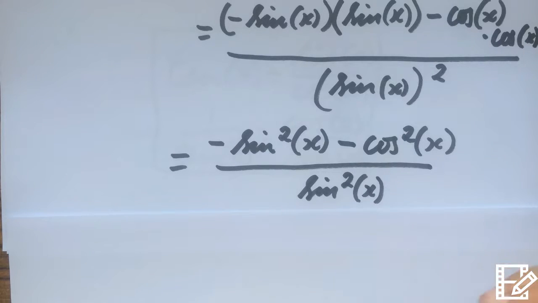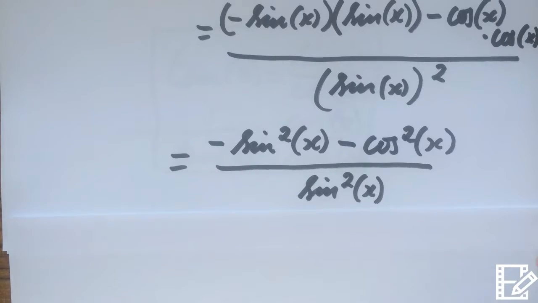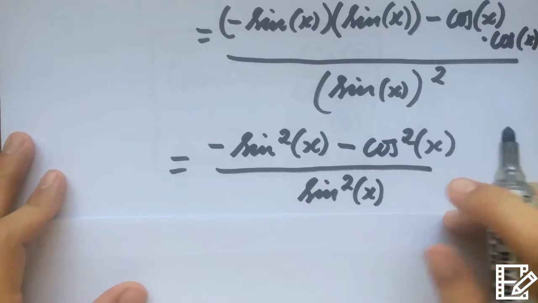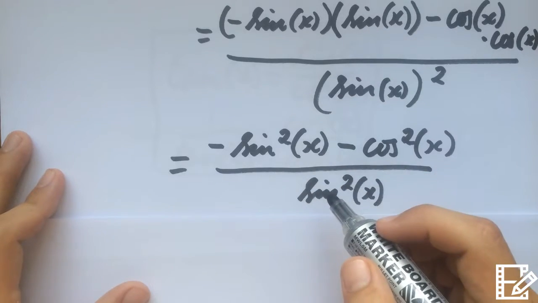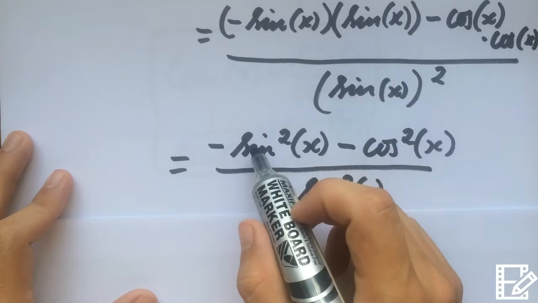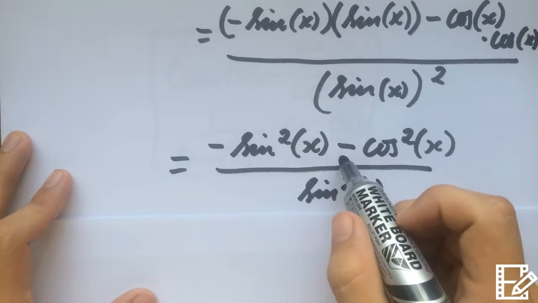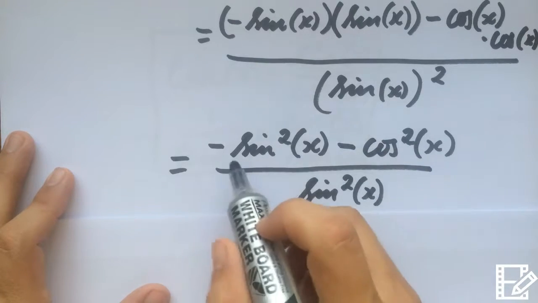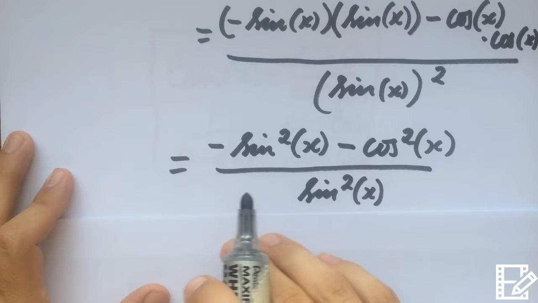Now there's a trigonometric identity that says sine squared x plus cos squared x equals 1. Therefore, if we want the top half to be equal to 1, we have to find a way to get sine squared x plus cos squared x. So let's factor out the negative 1 from each of them. If you had a sine x and you multiplied by negative 1, you would have negative sine x.